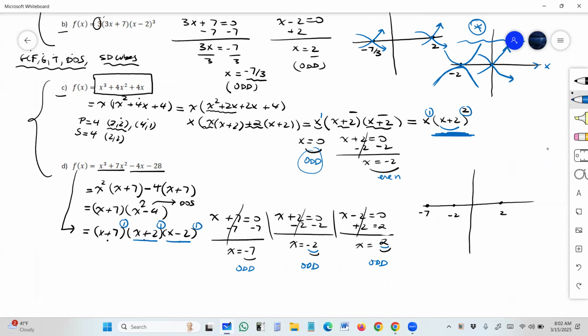At all of the roots, the polynomial will cross, either from bottom up or from top to bottom. In all three cases, through all three roots, the polynomial is going to cross. And this is going to be important in the next video when we talk about actually graphing these polynomials.